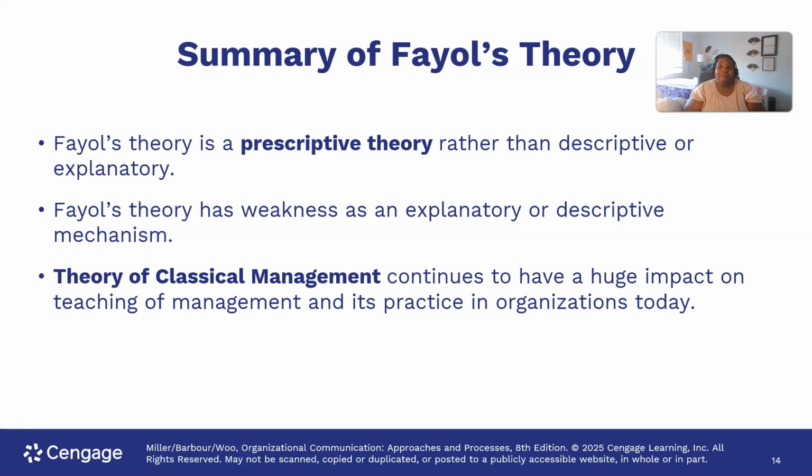Now, it's nice if we're able to run an organization as Fayol described, but because we're dealing with people, outside forces such as government and political forces, like we talked about in chapter one, and all types of different unknowns, that prescription is good as a foundation, but we have to make sure to put it in practice and be flexible enough to make changes.